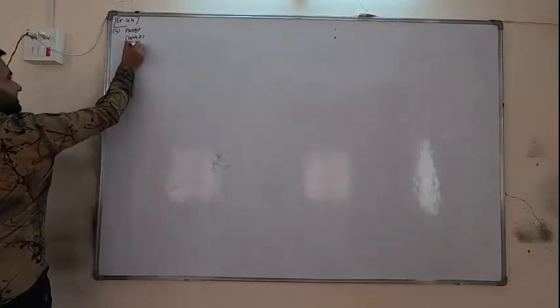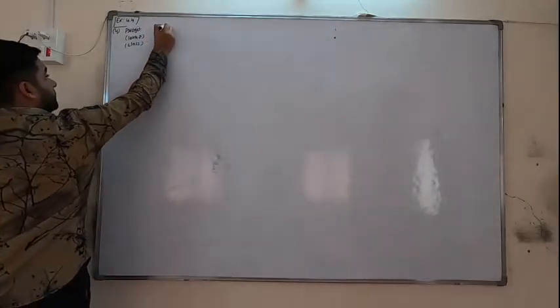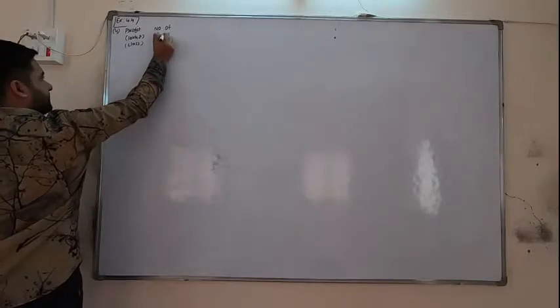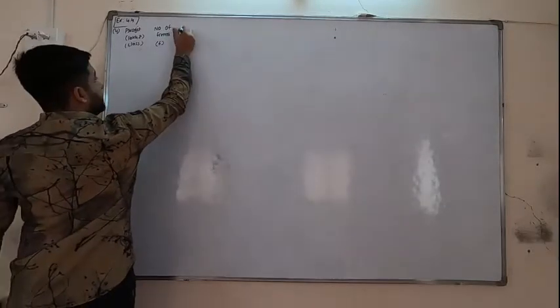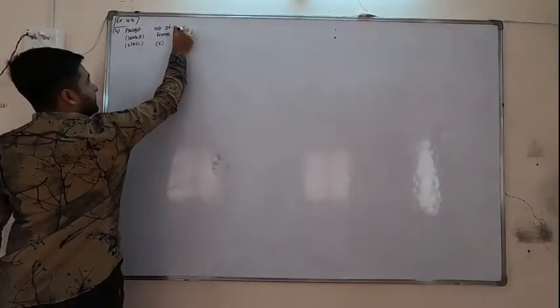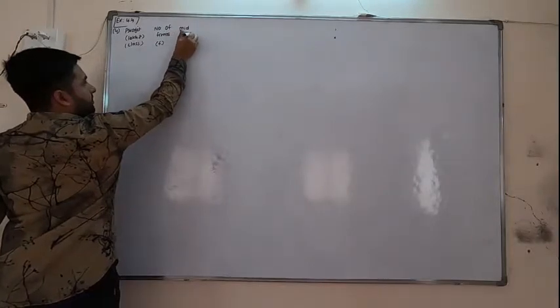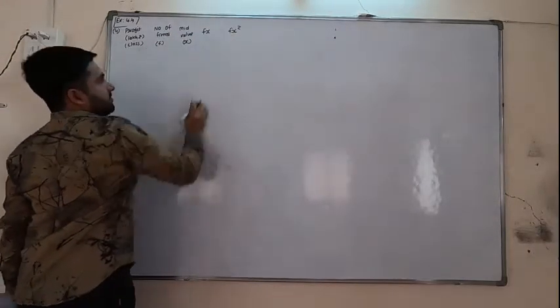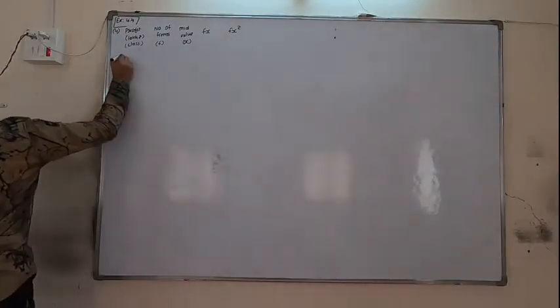This is our class. Number of firms, that is frequency f. Then we need an extra column, mid value x, now fx, then fx square. Only one extra column. Okay.